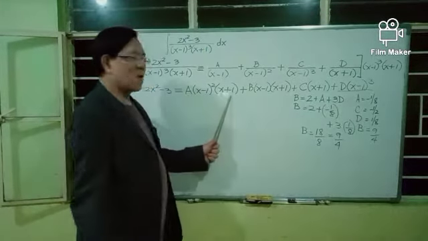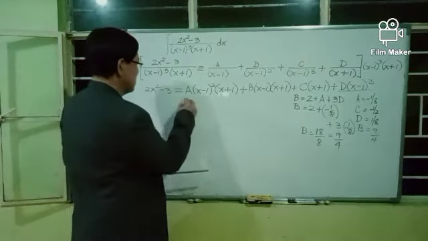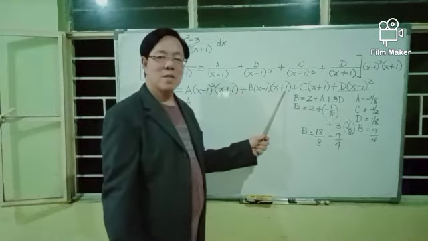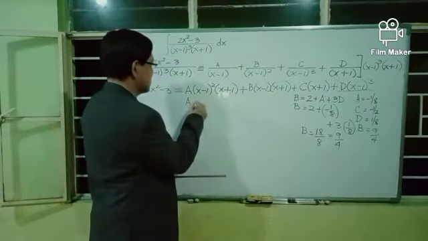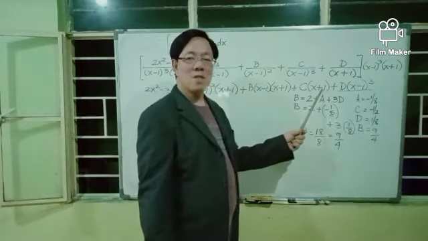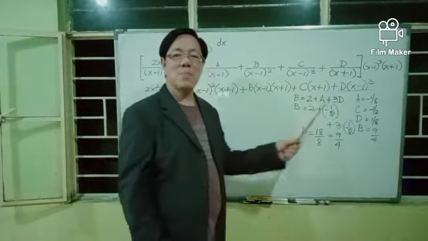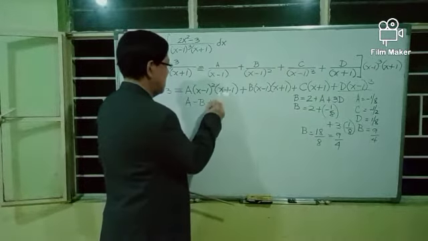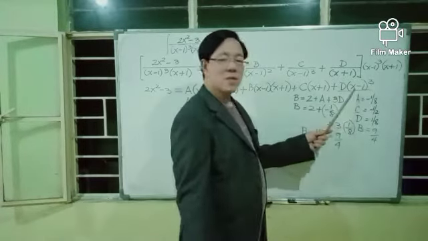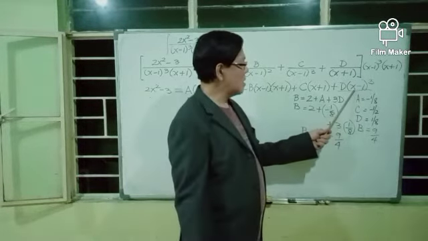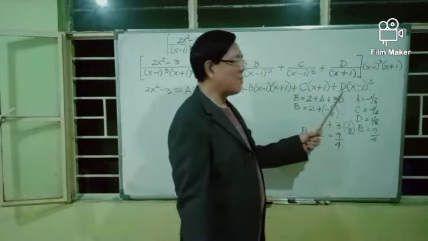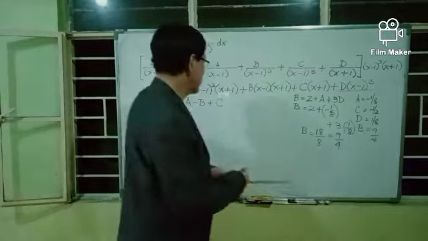For the first term, the constant term is a. For the second term, the constant term is negative b. For this term, the constant term is c multiplied by 1, which is plus c. And for the last term, the constant term is minus d, because the constant term in the expansion of x minus 1 cubed is negative 1 multiplied by d, minus d.